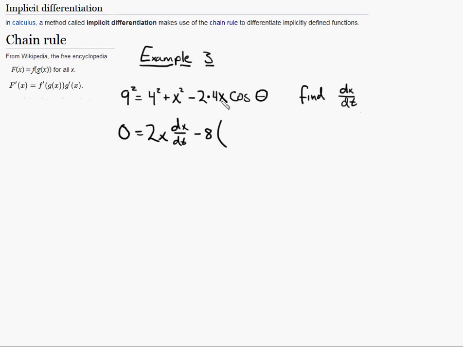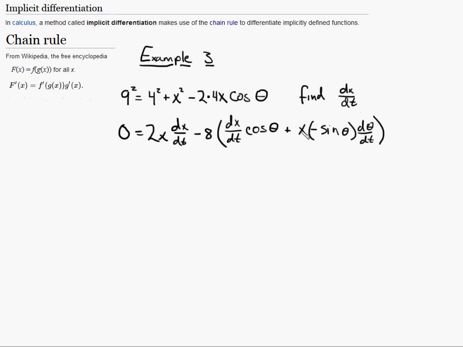The derivative of this is just 1, but we need the chain rule, dx/dt, cosine theta, leaving that part alone. The other piece of the product rule is this part left alone, x, and the derivative of this, negative sine theta d theta/dt, because theta might vary with respect to t.